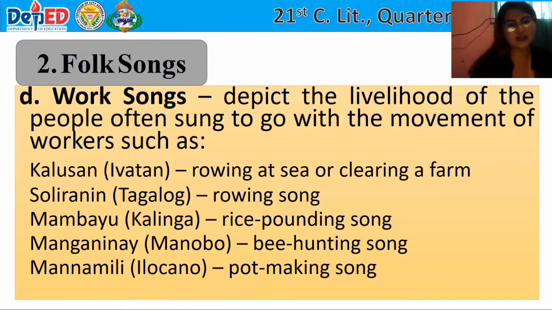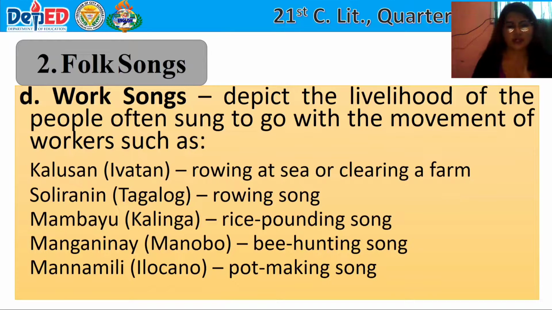Mambayo, a Kalinga song. It is being sung by the native Kalingayons or Igorots during rice pounding. Pag gusto po nilang mag-harvest ng kanilang mga palay or sa panahon ng pagtatanim, para maganda ang maging outcome ng kanilang pagtatanim at marami silang maani.